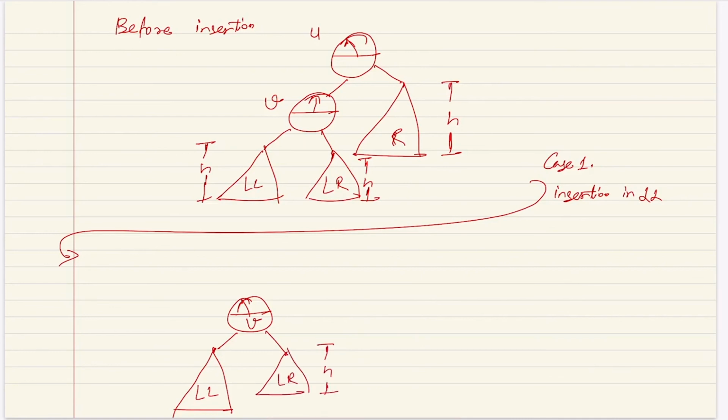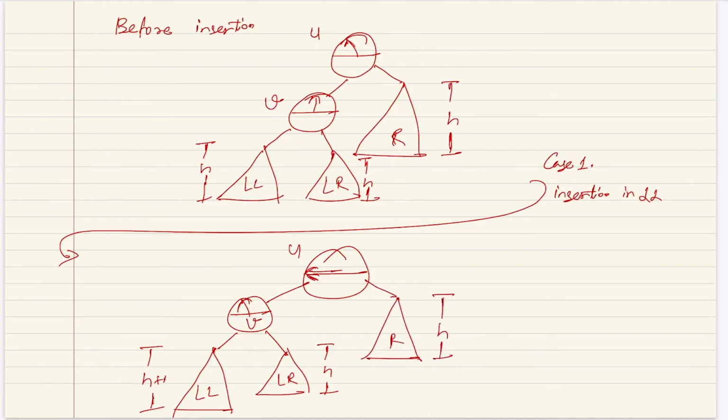LL becomes h plus 1, V has gained height, its balance factor becomes minus 1, and U's balance factor becomes minus 2. Nothing changes to its right subtree. So the right subtree has a height of h, and the left subtree rooted at V has a height of h plus 1 plus 1, h plus 2, and its balance factor is minus 2.